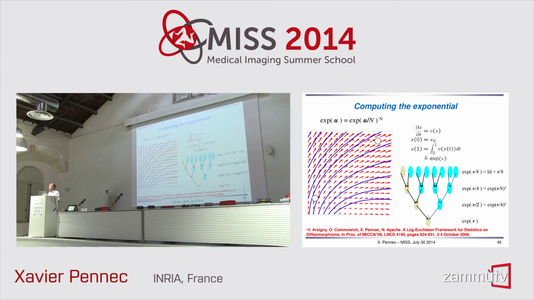But after that, instead of just scaling up the displacement field, we're going to recompose by composing the deformations. And we're going to end up with the flow of the final deformation. So we have an efficient way of computing the exponential of a stationary velocity field, the flow of a stationary velocity field.